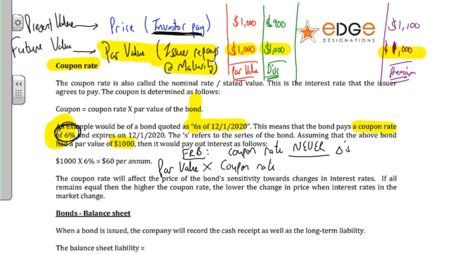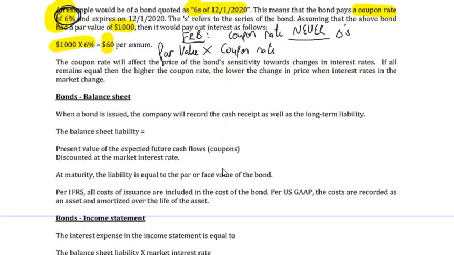And that's why you can see in this example, guys, how much is the amount of coupon per year? It's $1,000, that's the par value, redemption value, future value, times 6%, which is the coupon rate, giving you $60 per annum.